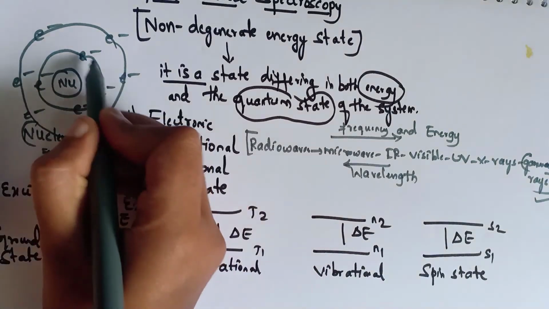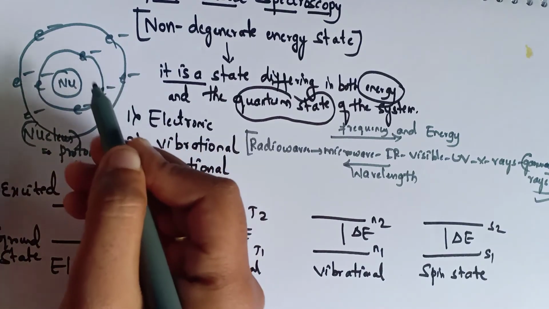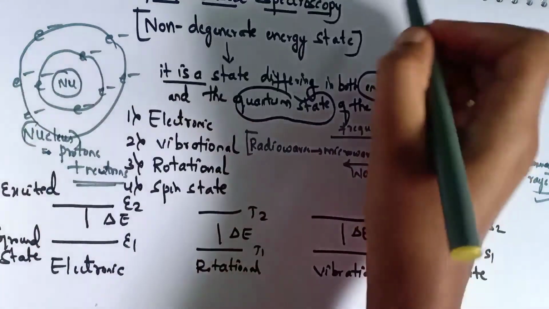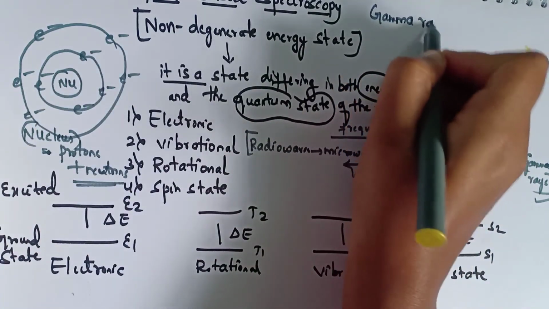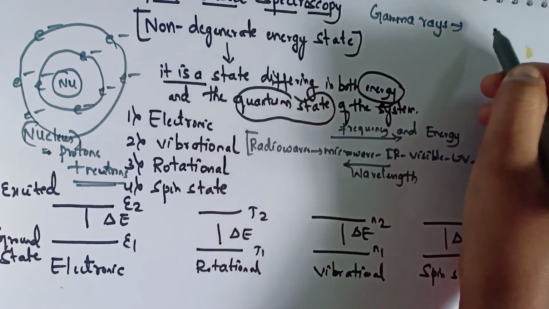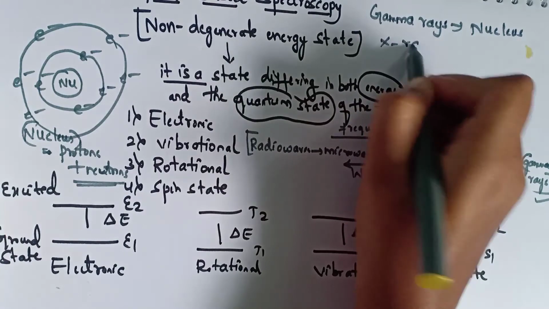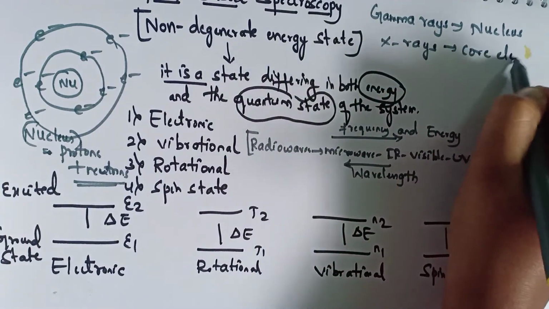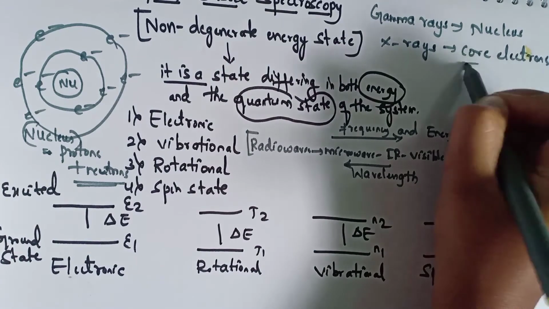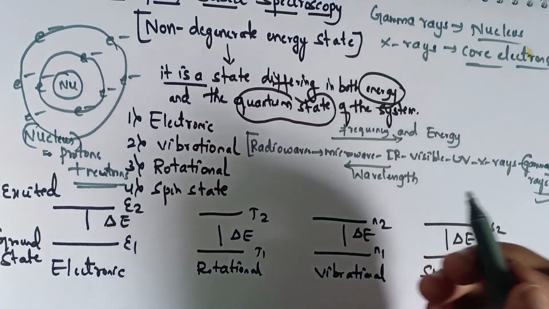These core electrons are present close to the nucleus. See here, gamma rays can reach up to the nucleus, whereas X-rays reach up to the core electrons. Next comes UV and visible.